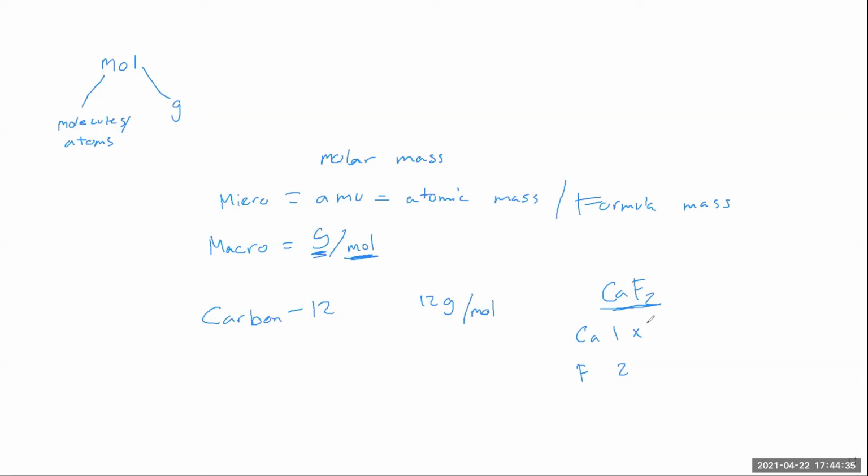What is the molar mass of calcium? It's 40 grams per mole. What's the molar mass of fluorine? 19 grams per mole. So calcium is going to contribute 40 grams per mole for this.